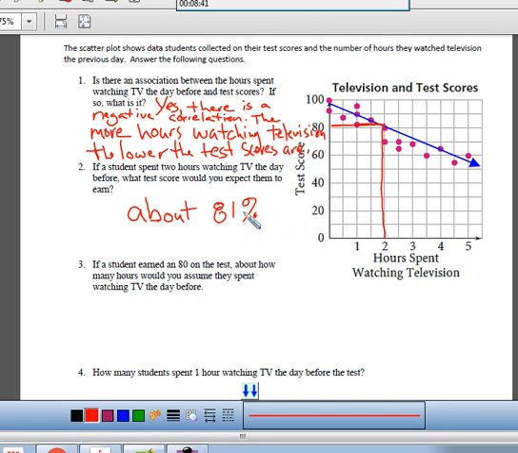If you were a little above or a little below, well, it depends on where you draw your line too. If a student earned 80 on the test, about how many hours of TV would you assume they spent watching? We already know this, about 2 hours.